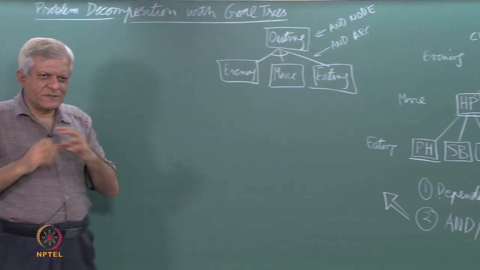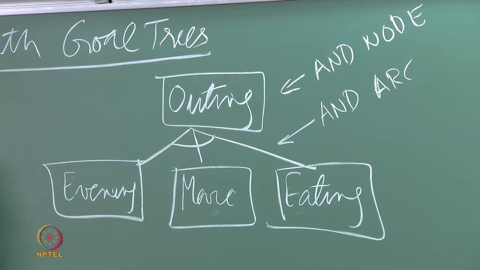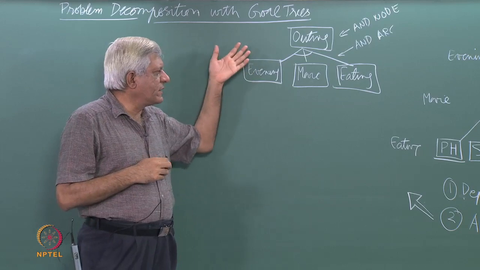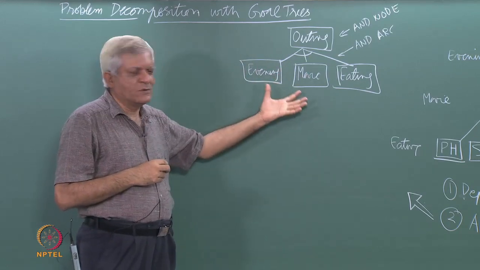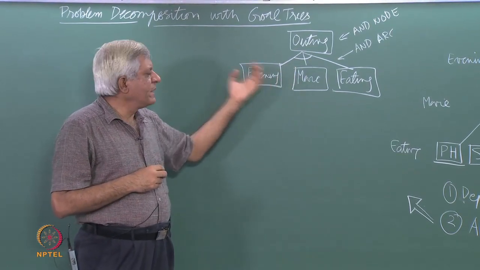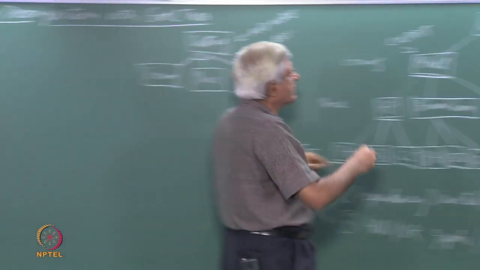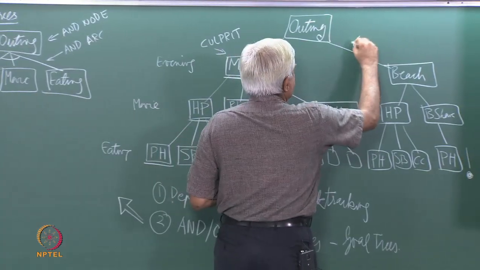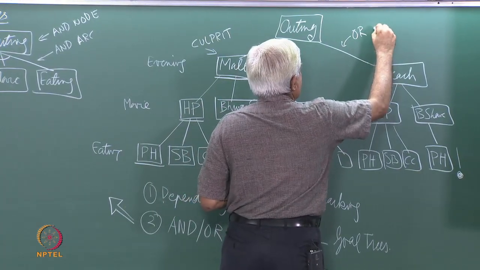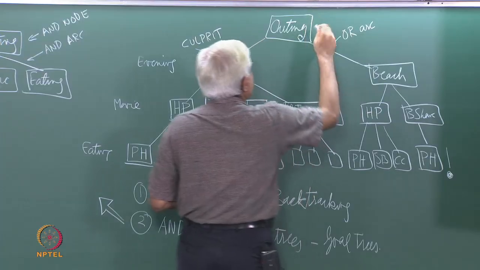So, an AND node is a node from which all the nodes that it points to, it is a directed graph, every one of them has to be solved, as opposed to such a node. This we would call an OR arc, and this we would call an OR node.